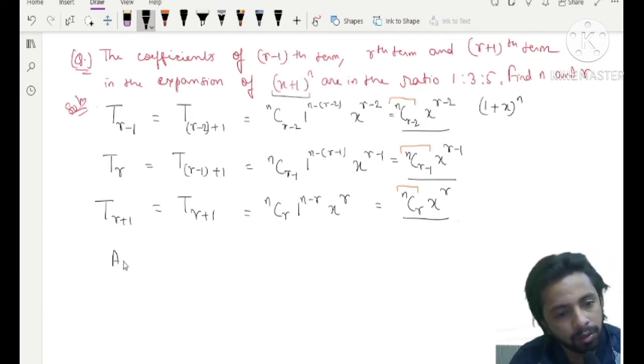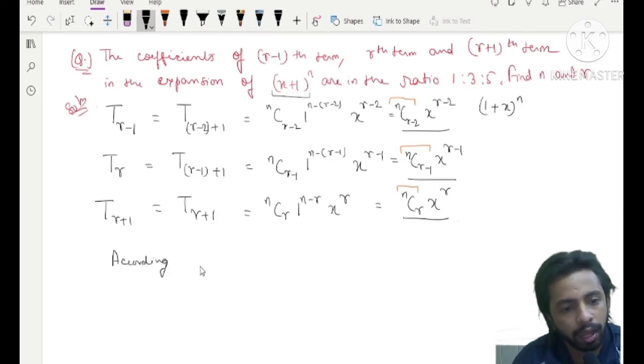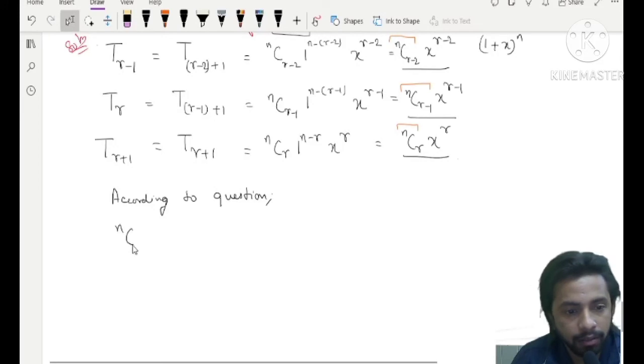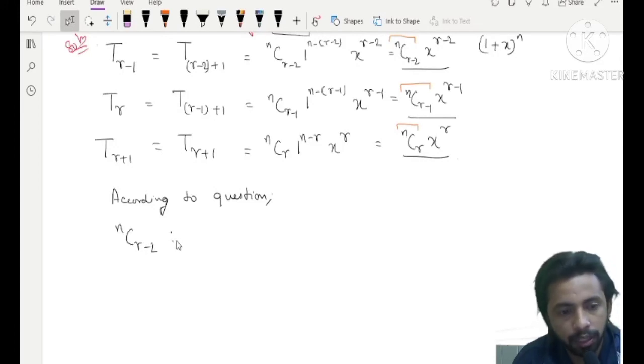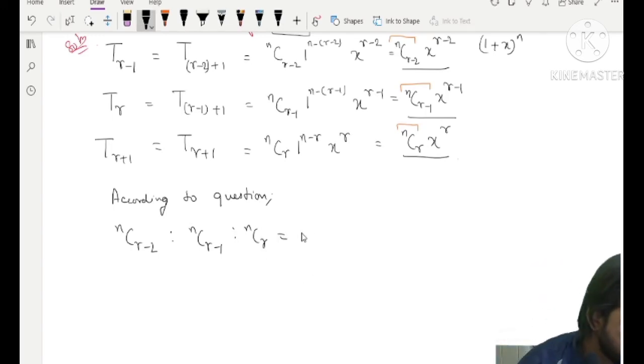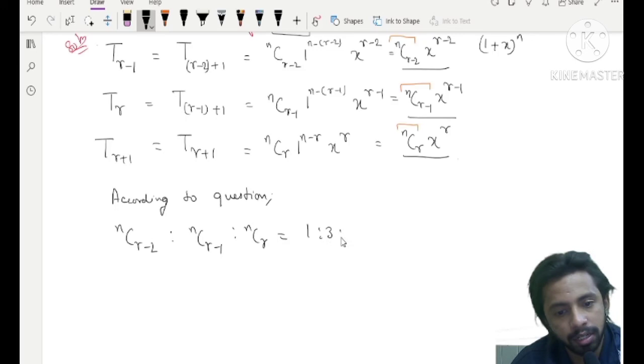So ncr minus 2 is to ncr minus 1 is to ncr is 1:3:5.